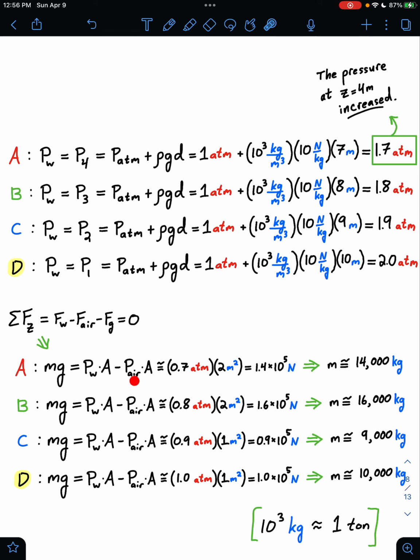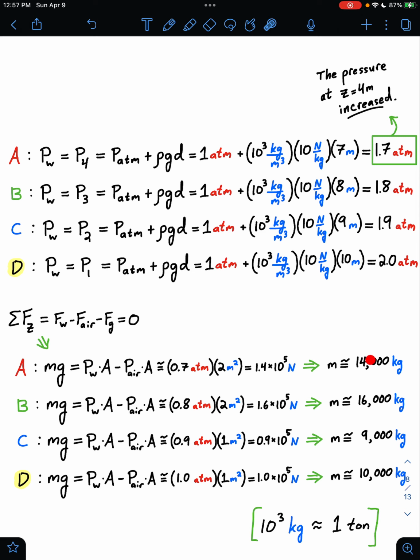So the water is 1.7 atmospheres, air is 1 atmosphere. So there's a pressure difference of 0.7 atmospheres times the cross-sectional area gives you this many newtons. Divide that by little g to find our mass. So A, 14,000 kilograms, and these values for B, C, and D. Note that 1,000 kilograms, that's about 1 ton, 2,200 pounds, a little bit more than a ton actually.